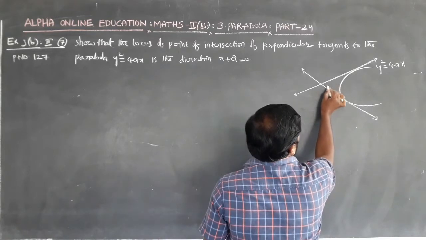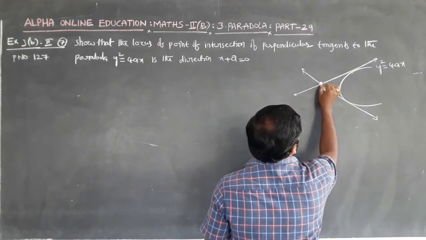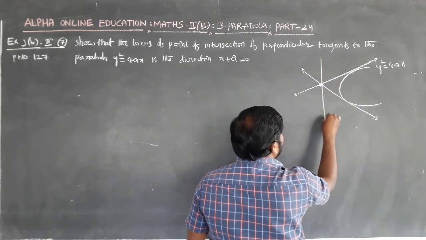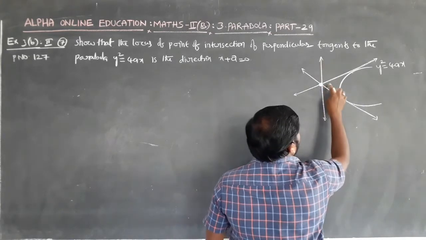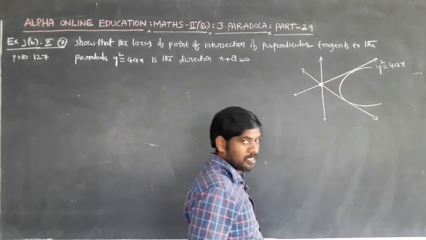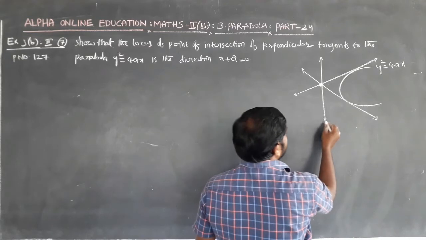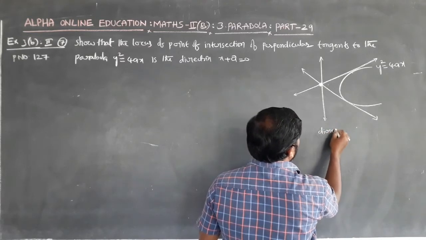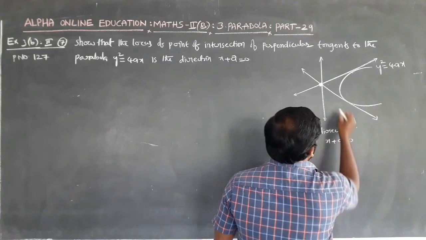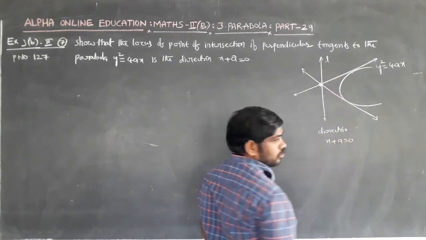Here the point of intersection of the perpendicular tangents is the directrix. So directrix means x plus a is equal to 0.